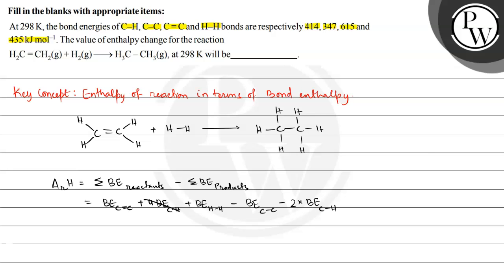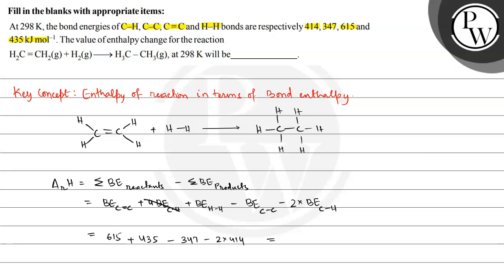So if we put values, bond enthalpy of C=C is 615 plus bond enthalpy of H-H is 435 minus bond enthalpy of C-C is 347 minus bond enthalpy of C-H is 414, so 2 multiplied by 414.